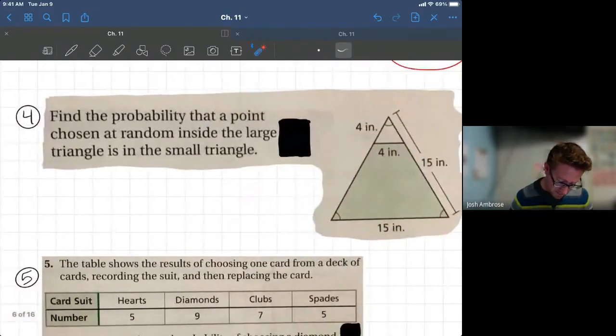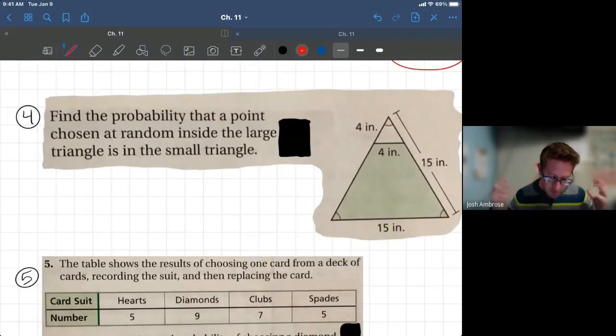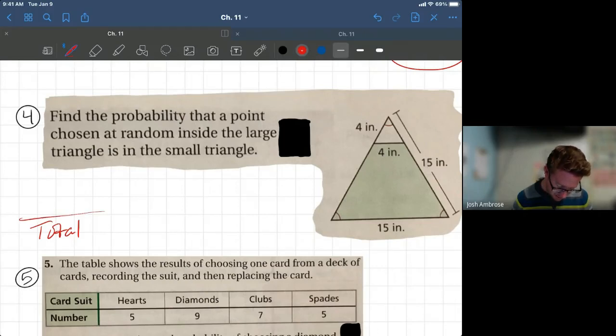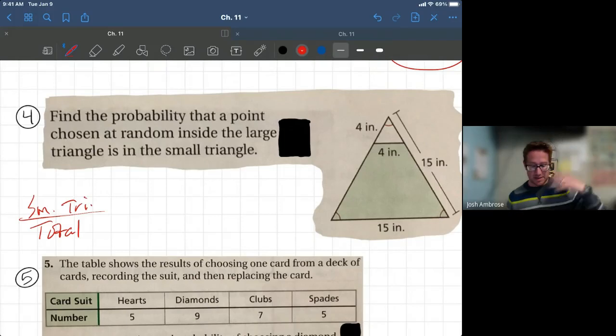All right, so the total area goes on the bottom, and then the small triangle goes on top because that's what we want. We want it to be within the small triangle. It's just that the small triangle is in the entire big triangle.